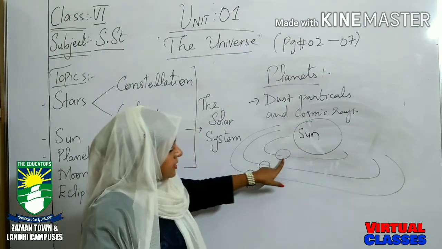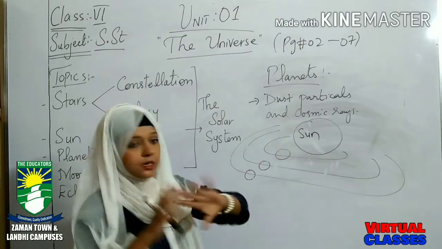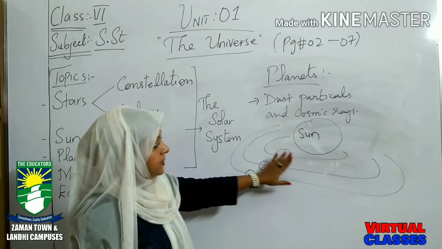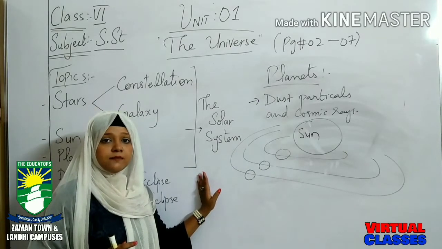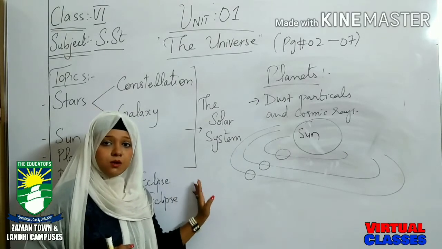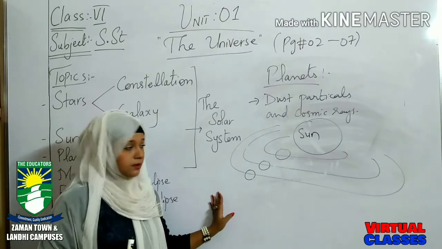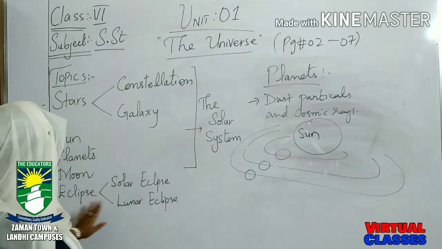And as the planets proceed, their circular orbits increase, their distance from the sun increases, and it means the planet which is farthest from the sun has the largest orbit. Right? That is all about our solar system.